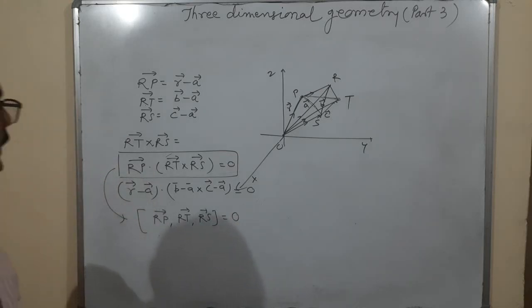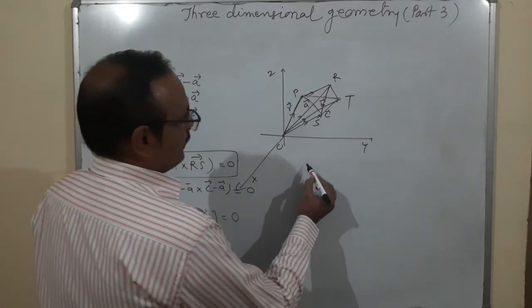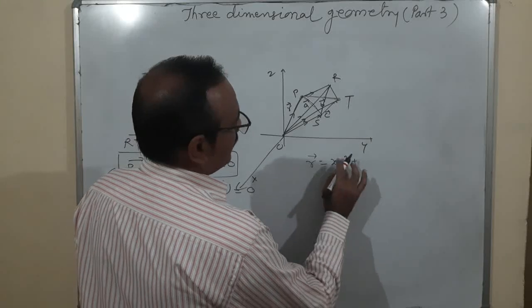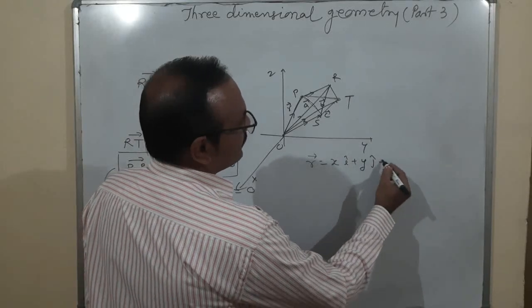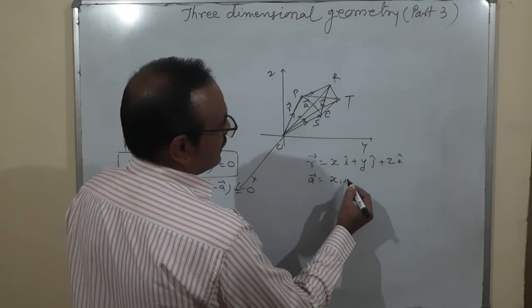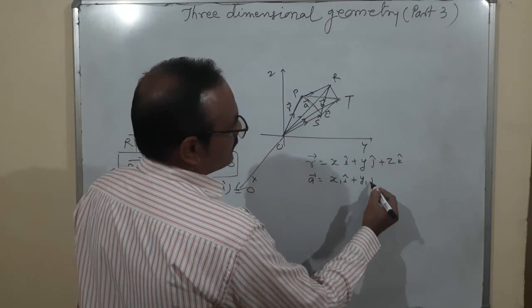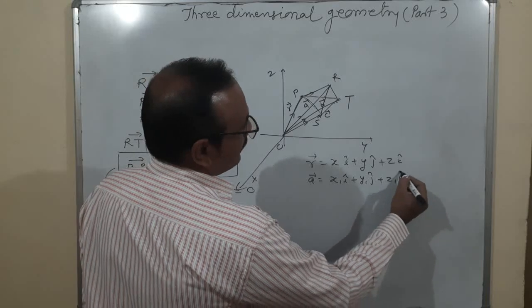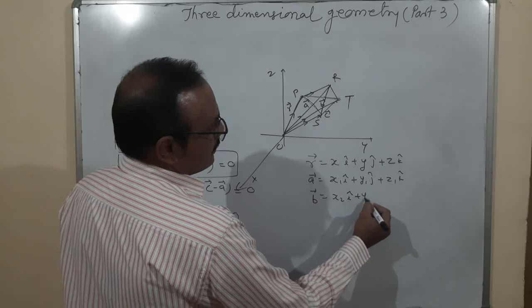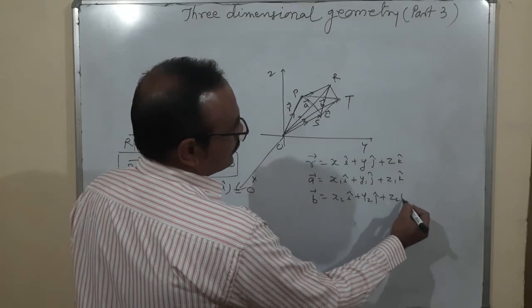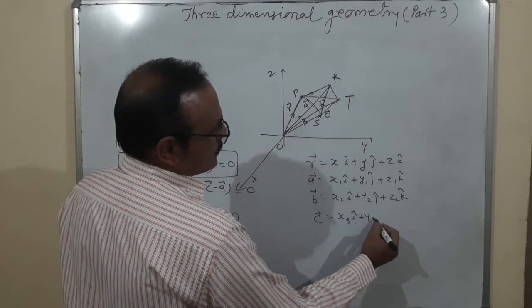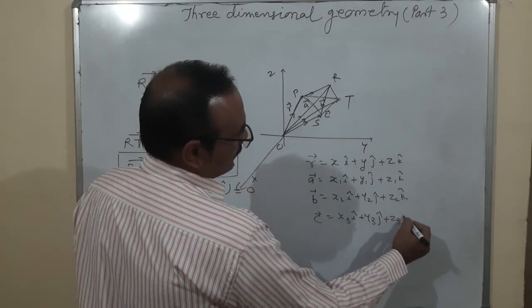Okay. If I take R equal to xi plus yj plus zk, vector A equal to x1i plus y1j plus z1k, vector B equal to x2i plus y2j plus z2k, and vector C equal to x3i plus y3j plus z3k.